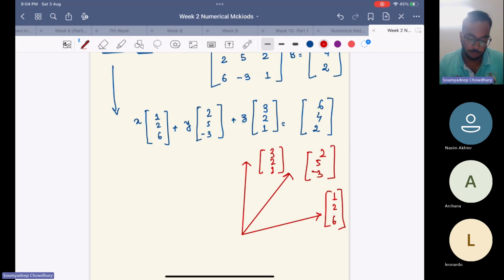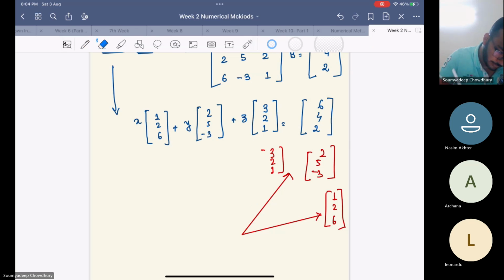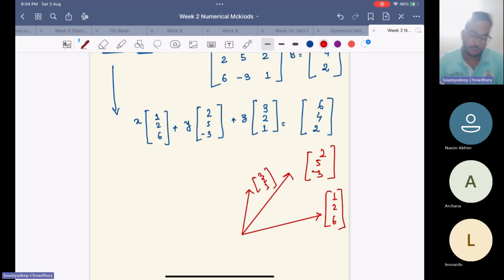See 6, 4, 2. If I multiply 3, 2, 1 by 2, we will get 6, 4, 2, right? So I'll shorten this vector. If I draw it like this, 3, 2, and 1. Now how can I draw 6, 4, 2? 6, 4, 2 is just in the direction of this 3, 2, 1 vector multiplied by 2, right?